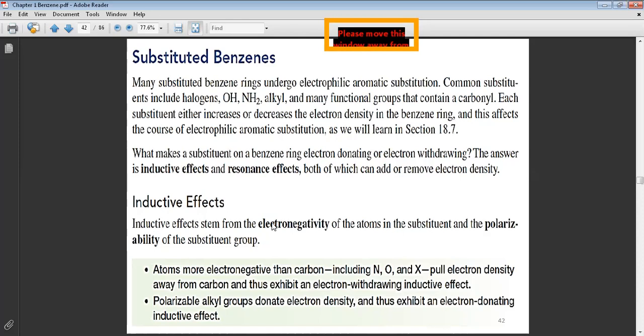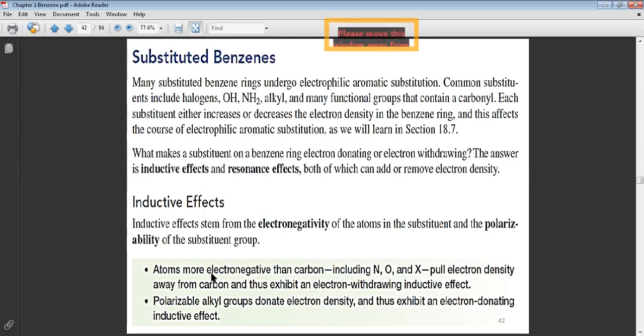You know the electronegativity, like the halogens, or the oxygen or the nitrogen. You know the halogens are among the most electronegative elements on the periodic table: fluorine, chlorine, bromine. This is the electronegativity effect. Now, take this note.